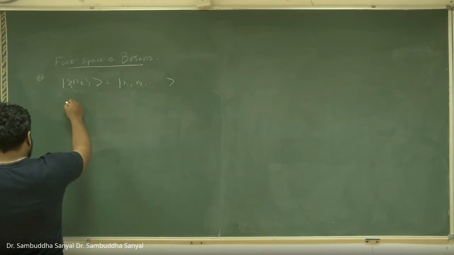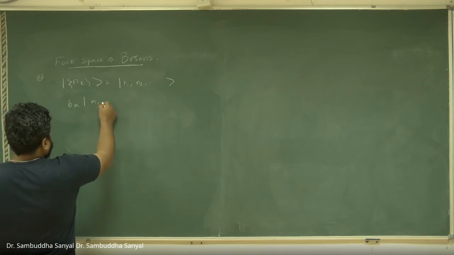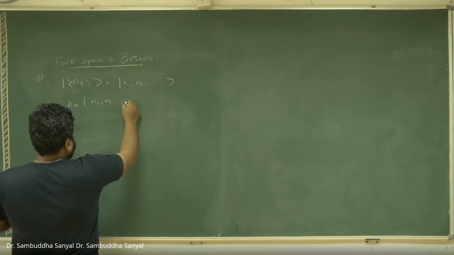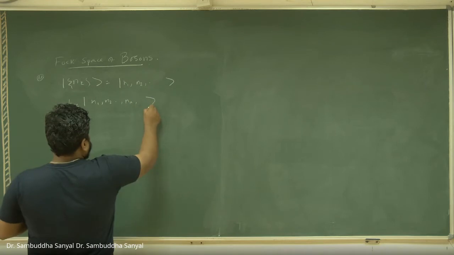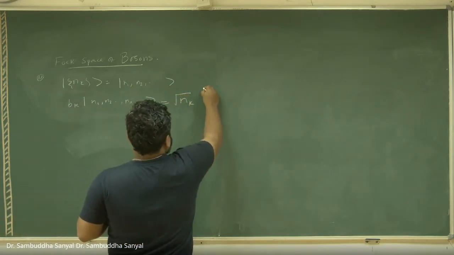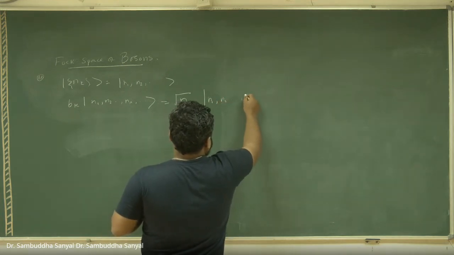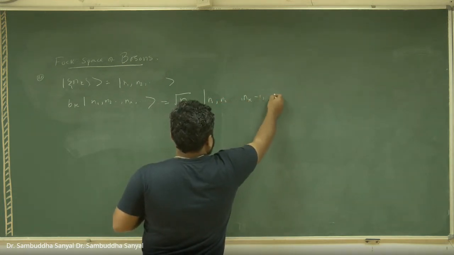And we said that I have an operator Bk acting on this state n1, n2, ..., nk and giving me root nk times n1, n2, ..., nk minus 1.